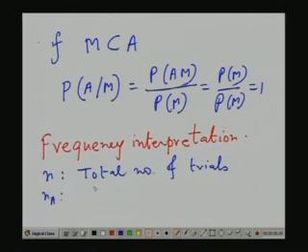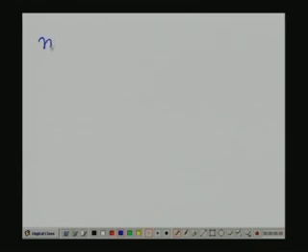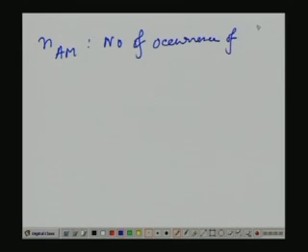N_A, and of course small n is very large, N_A is the total number of occurrences of event A. Similarly, N_M, same as this, but of event M. And N_AM is the number of occurrences of AM, that is, the intersection between A and M.